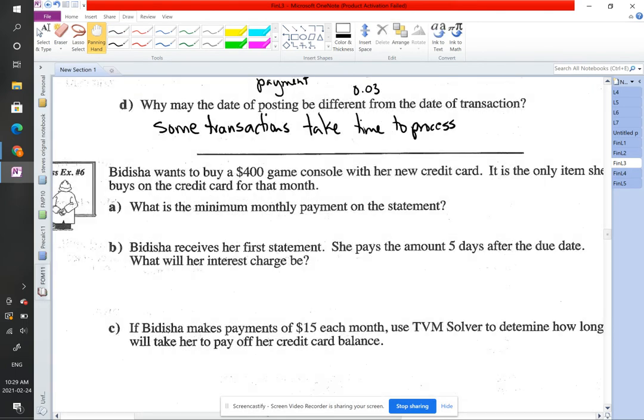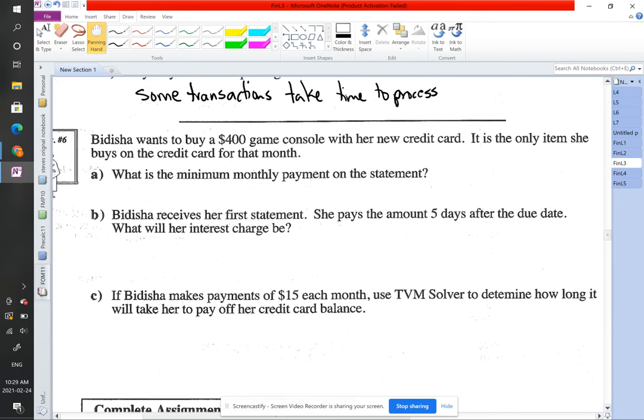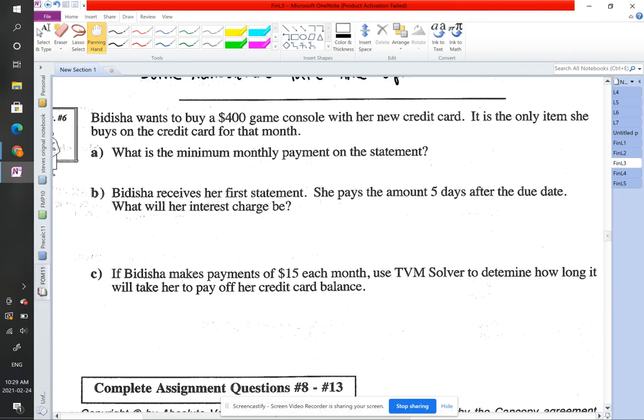All right, one problem, and then we will stop for the day. Badisha wants to buy a $400 game console with her new credit card. It is the only item she buys on the credit card for that month. What is the minimum monthly payment on her statement?